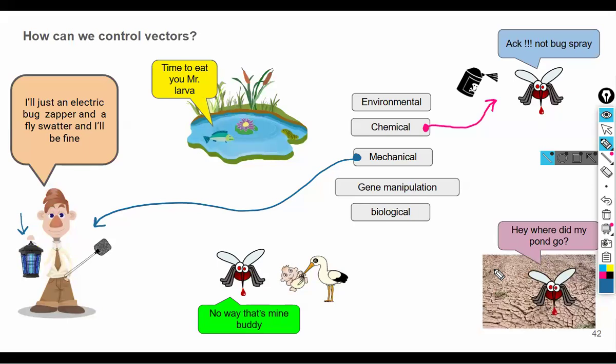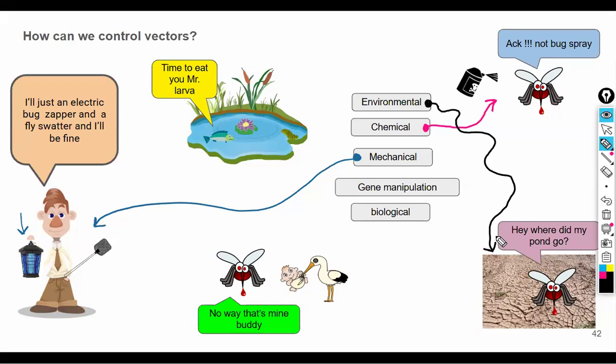In other words, you change the environment. You create a channel and all the water drains out of the pond. Isn't that a nice way of controlling mosquitoes? You call that an environmental method because you're physically altering the environment to get rid of the mosquitoes.